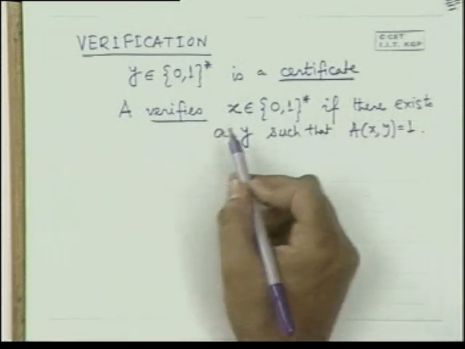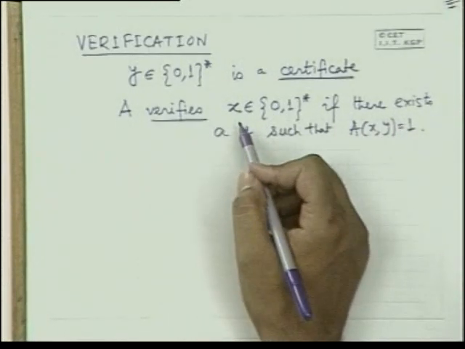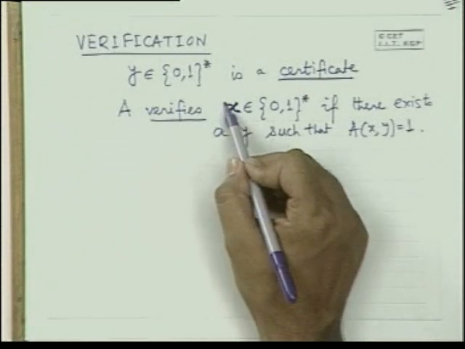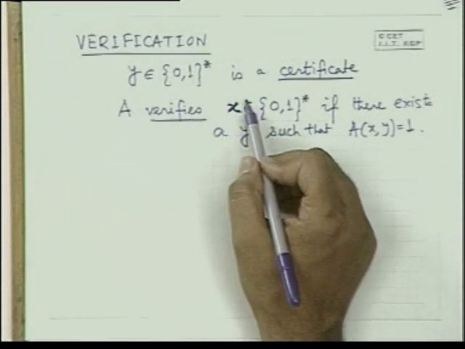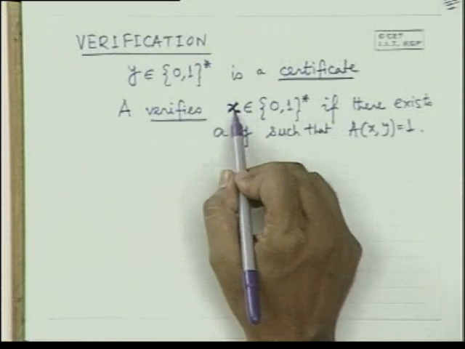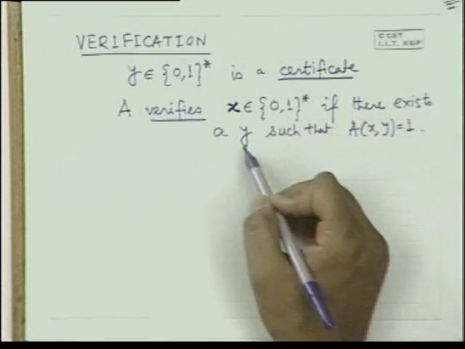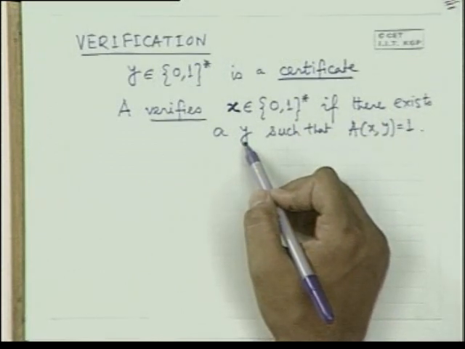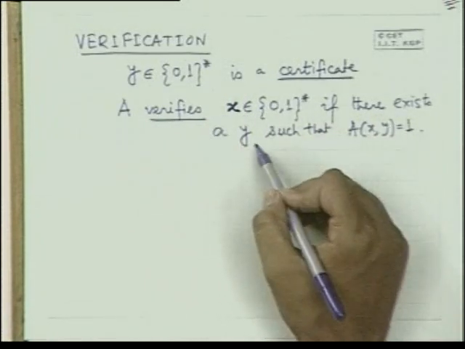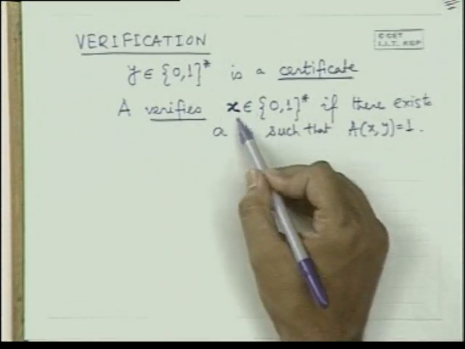So basically this means, in terms of the Hamiltonian circuit, this x stands for only those encodings of the graph for which the graph is Hamiltonian, because for those strings you will find a Hamiltonian circuit, which is y. So A verifies x if there exists a y such that A(x, y) = 1.